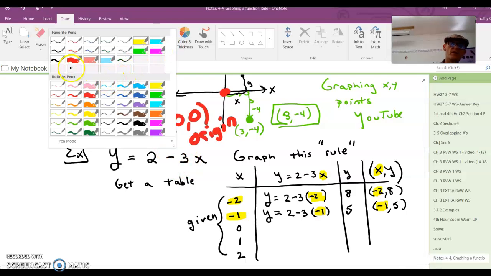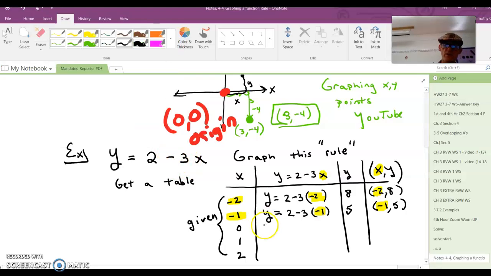All right, let's get a couple more here. It's going to be y equals 2 minus 3 times 0, which is 2, and that ordered pair is (0, 2). Now the next one is y equals 2 minus 3 times 1, which is 2 minus 3, which is -1, so that ordered pair is (1, -1).